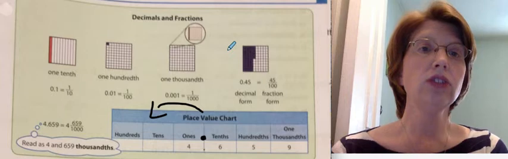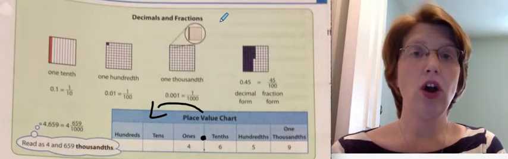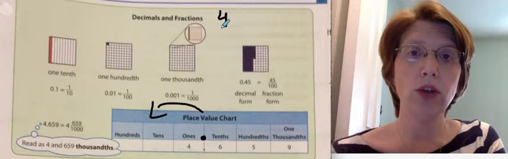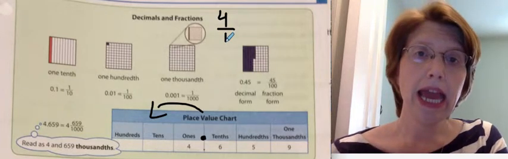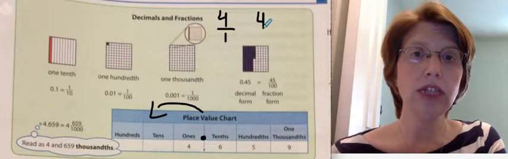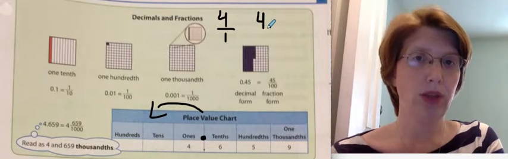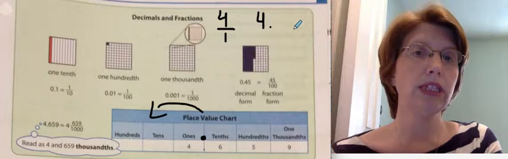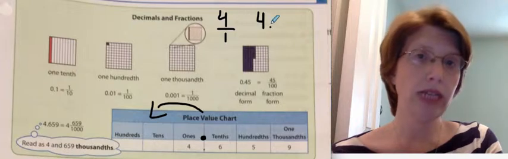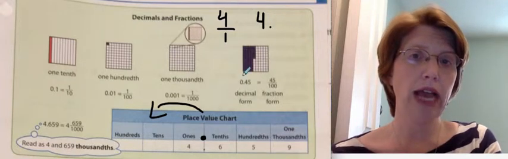Just like all whole numbers for fractions can have the whole number over 1, every whole number when we're thinking about decimals has a little decimal behind it. We don't always use it, especially if there's no parts. We just write the 4. But if there are parts, then we need to bring that decimal out.